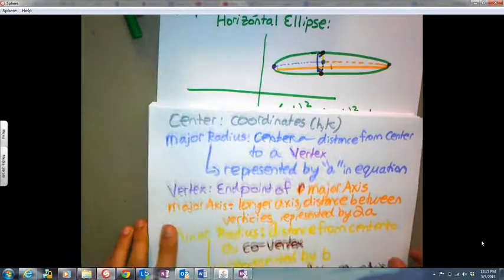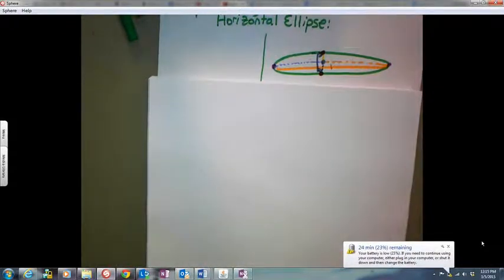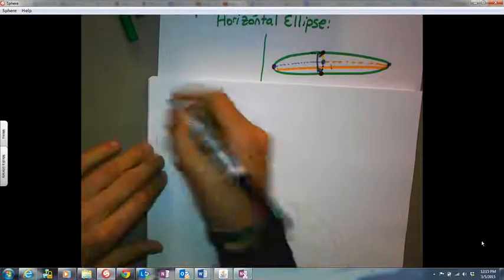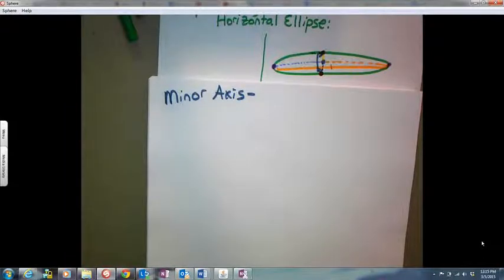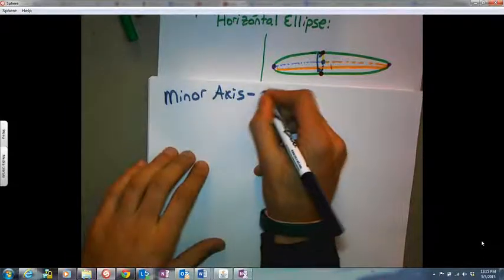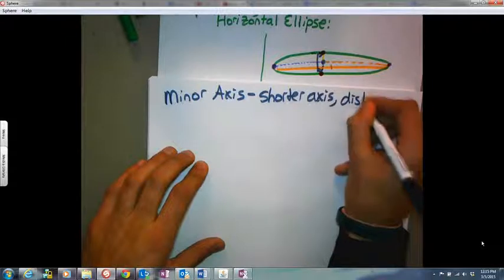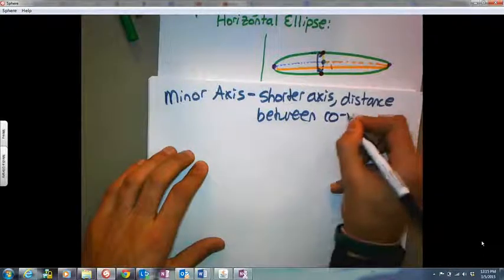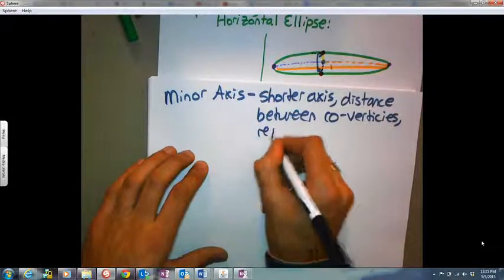The minor axis is the shorter axis, and its distance between the co-vertices is represented by 2 times b.